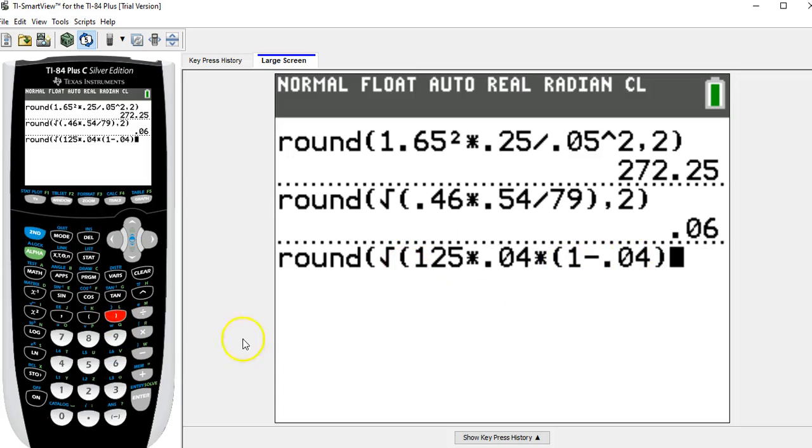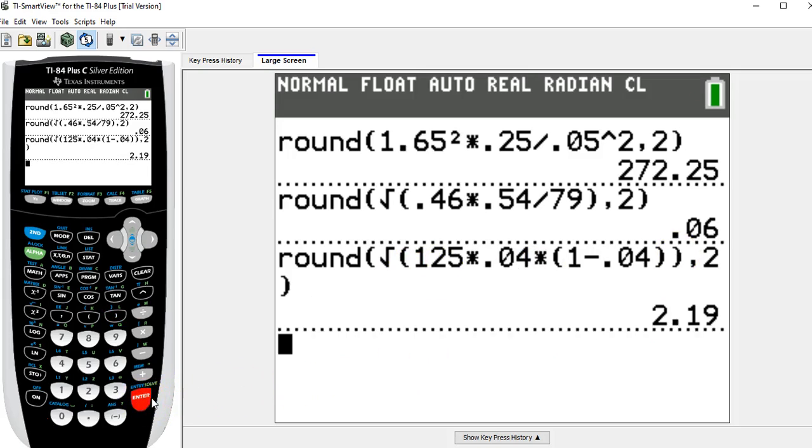I'm going to close off the parentheses for the square root. And then, because I want 2 places, comma, 2. And then I'm going to close off the parentheses for the round. Notice it's good technique. You should have an equal number of left parentheses and right parentheses in the calculation. Anyway, when I hit enter, I get an answer of 2.19 correct to 2 decimal places.